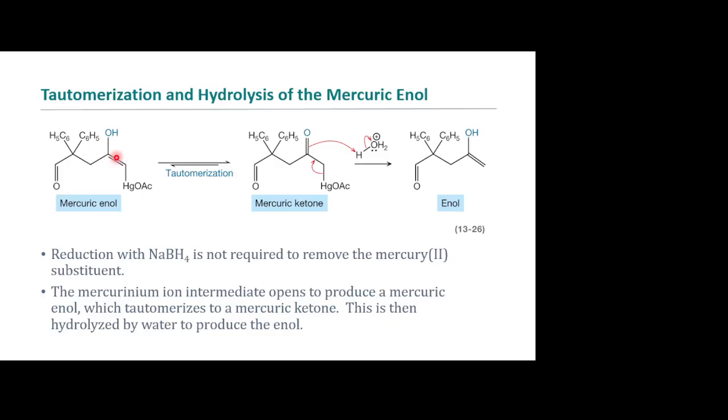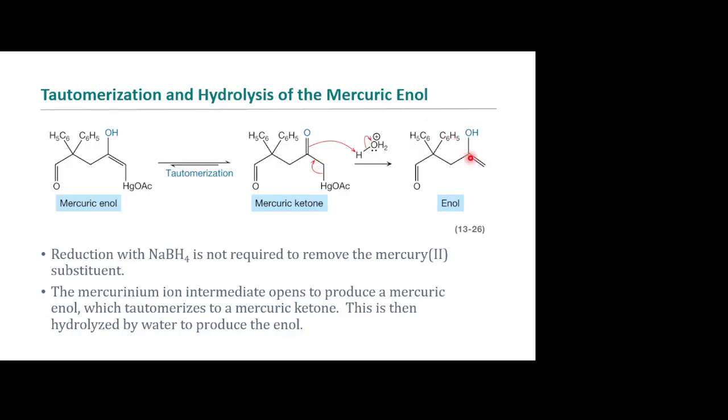This is going to take that double bond here. And if an H plus comes on here, this would cause that to be positively charged, right? And this would pull the electrons in here. And so that's going to pull the electrons away from that mercury, which is a metal, right? So it's going to be a fairly good leaving group.